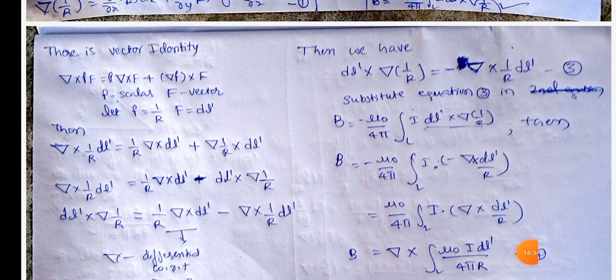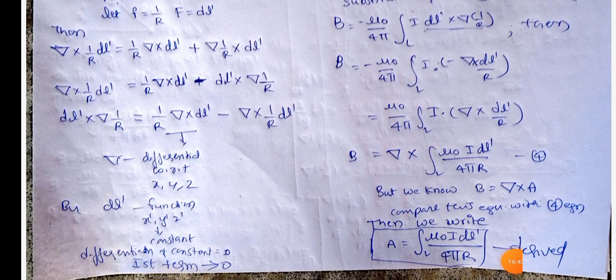We are getting mu naught I dl dash by 4 pi r. This is B equal to del cross A. So this term is nothing but the magnetic vector potential A. So A is equal to line integral of mu naught I dl dash by 4 pi r. So this is what we derived.